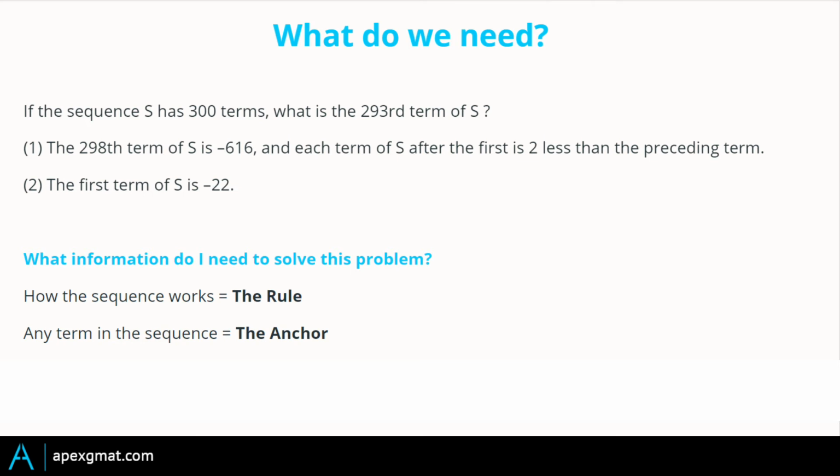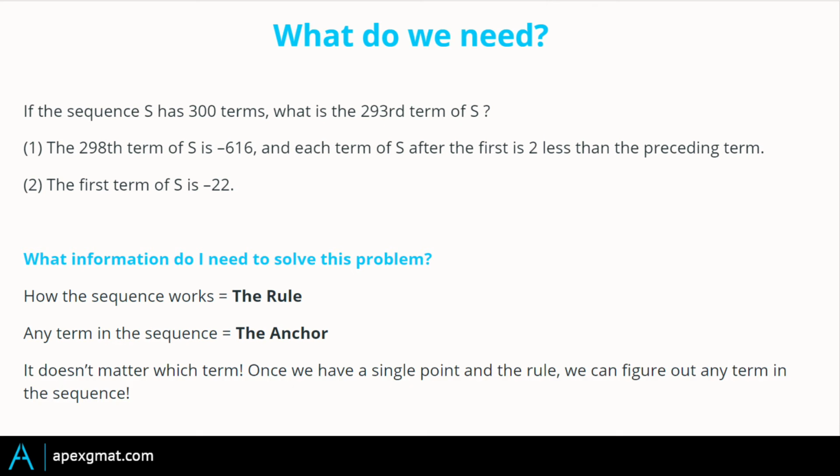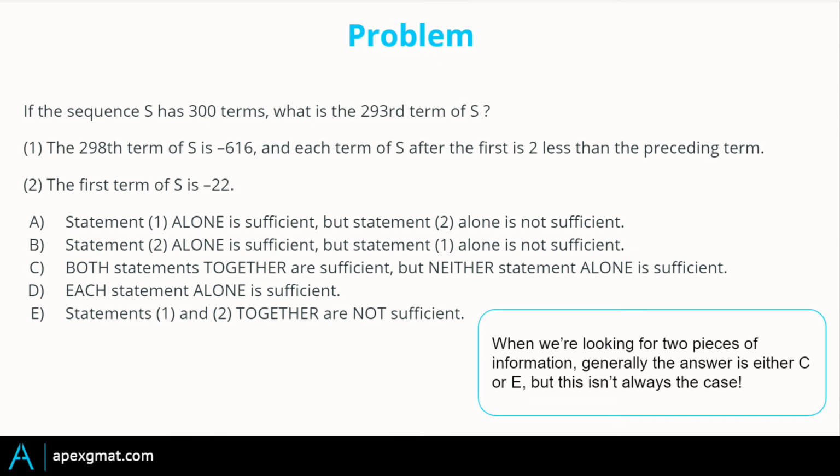We're going to say that again. We don't need the beginning or ending term, just any term with a specific value that, along with the rules, allows us to get to any other place in the sequence. Generally, when we are looking for two pieces of information, we should be attuned to looking for a C or an E answer choice. But that's not always the case.